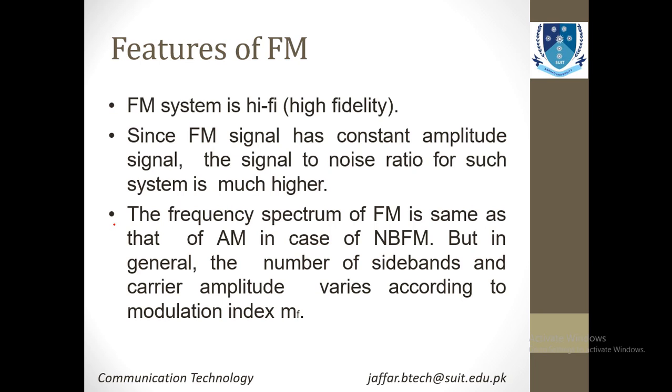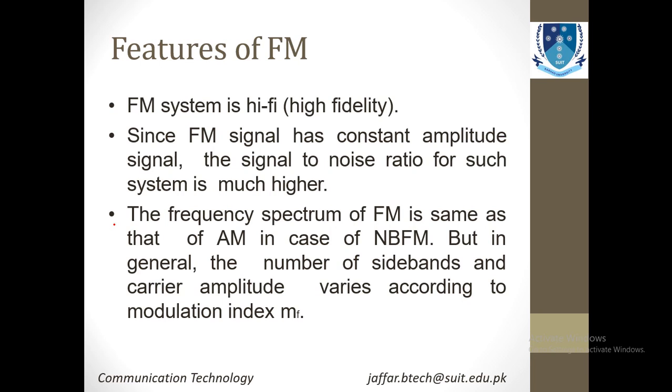Since the FM signal has constant amplitude, I've told you that there will be no change in the amplitude and phase. The only change in the signal will be of its frequency. So the signal to noise ratio for such a system must be higher. You can get a good SNR, or signal to noise ratio, as compared to AM.